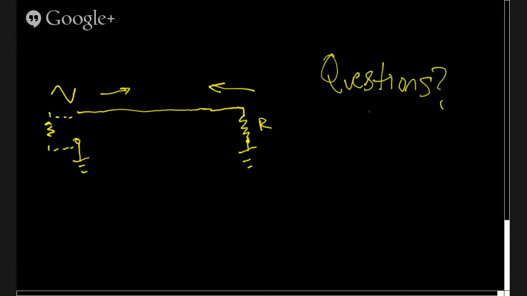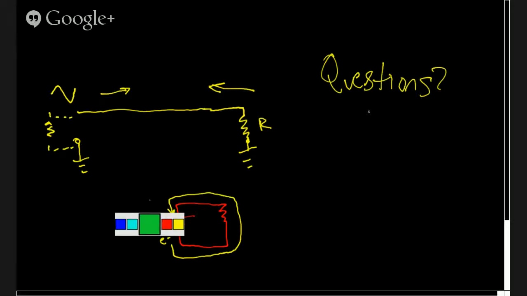Why the opposites? Why, in our circuit here, are our electrons going this way and conventional current going the other way?